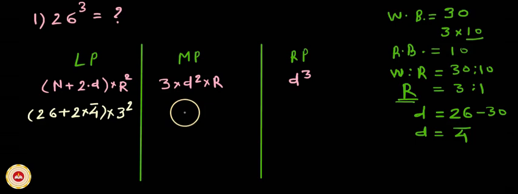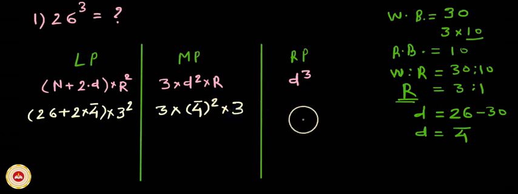Now let us write the middle part: 3 times d squared, deviation squared, that means negative 4 squared, multiplied by ratio r, which is 3. Now let us write the right part: d cubed, deviation cubed, negative 4 cubed.